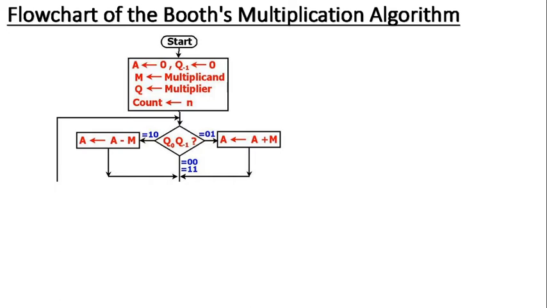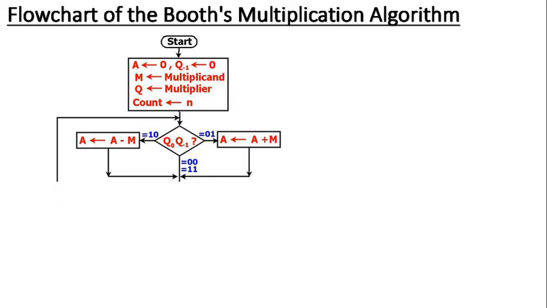Now if the Q0, Q minus 1 bits are 0, 1, then the right hand side path will be followed where addition will be performed, A plus M. The result is copied to A. If the Q0, Q minus 1 bits are 1, 0, in that case the left hand side path will be followed where subtraction will be performed, A minus M, and the result is copied to A.